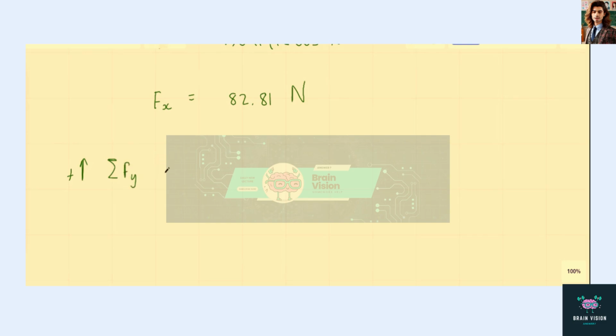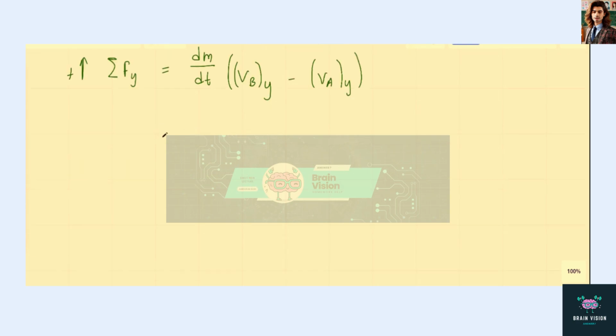Now the y component, taking the upward direction as positive and applying the same equation, the sum of all the forces in the y direction must equal dm/dt times the y component of vB minus the y component of the velocity of the water at A. And so this force is Fy, and Fy is equal to dm/dt, which is 7.5 times pi, into 12 times sine 45 degrees.